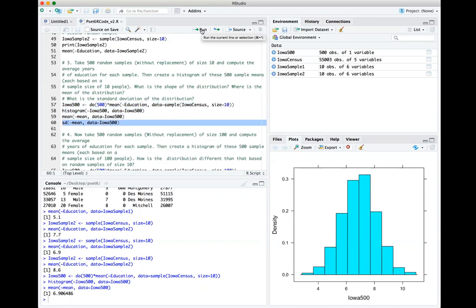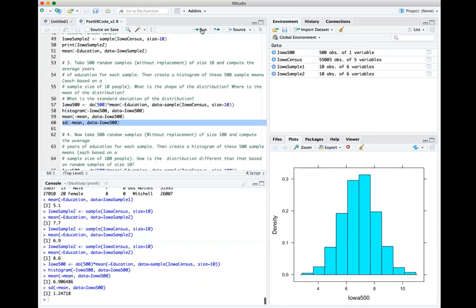It is the standard deviation of the mean of our sampling distribution. So what we've done is we've created a sampling distribution. It's a distribution of samples. Then we take the mean of that sampling distribution, and that's our point estimate. We take the standard deviation of those means of our sampling distribution. That is the standard error.